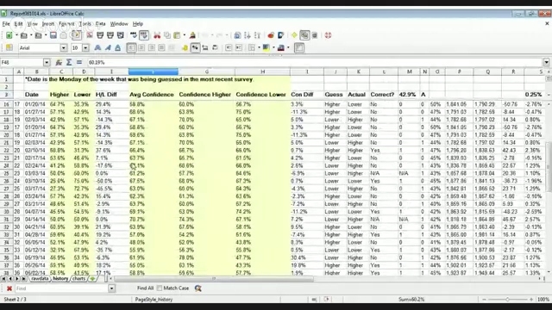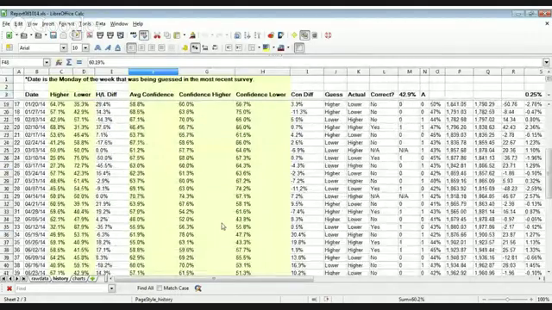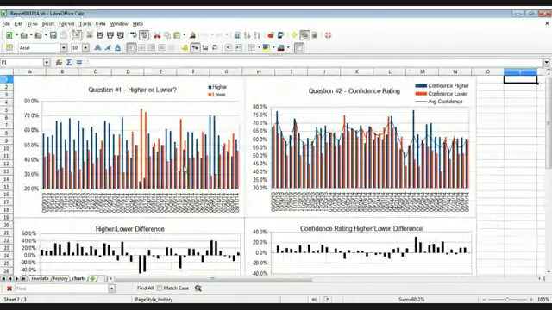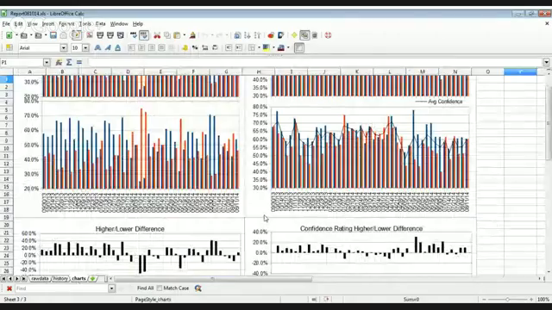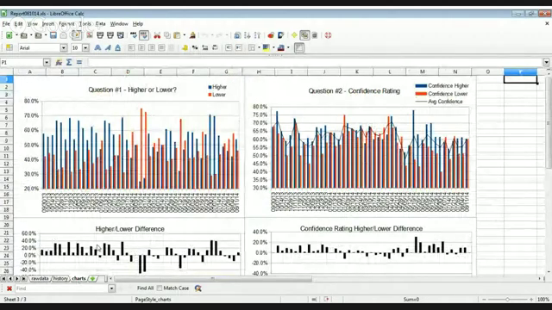The full history of all weeks is available in another tab, and then the charts are available in a third tab. So you can actually download the data and analyze it for yourself and draw your own conclusions about the data that we're providing.